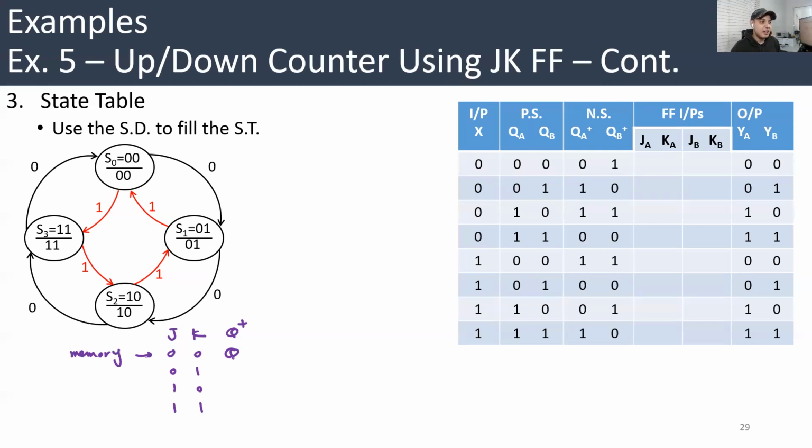If J is 0 and K is 1, we said when we explained the JK flip-flop, this is a reset state. Reset means whatever the current Q is, Q plus will be 0. Reset the output, make it 0. When J is 1 and K is 0, this is a set state. Set means Q plus will be 1, whatever Q of t is.